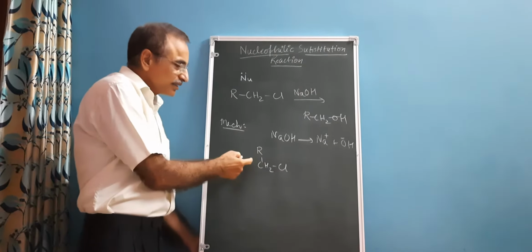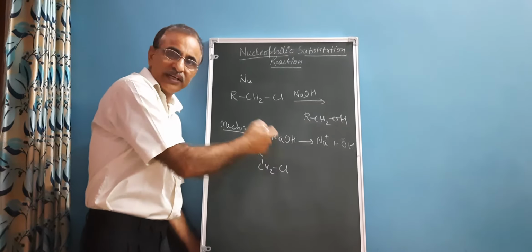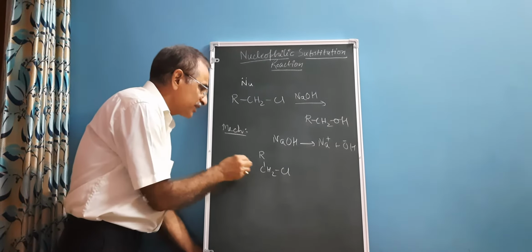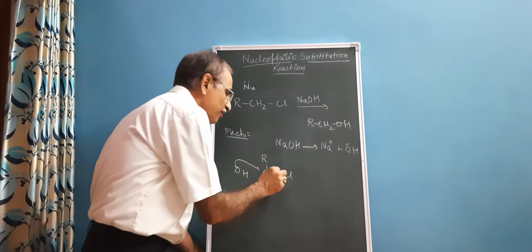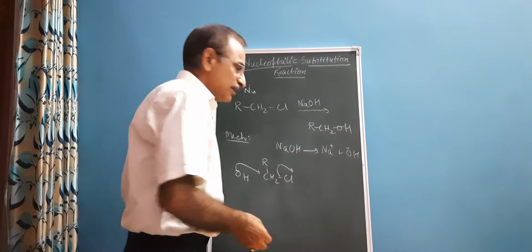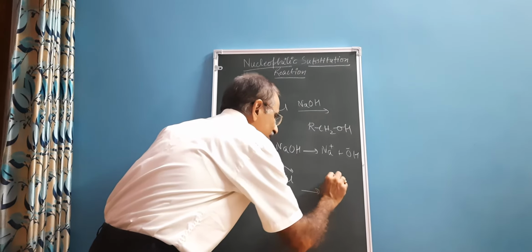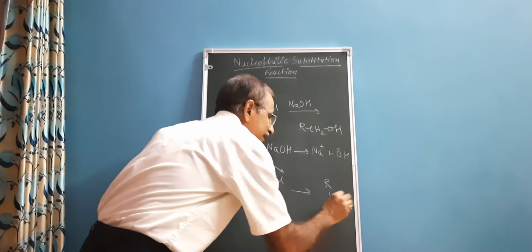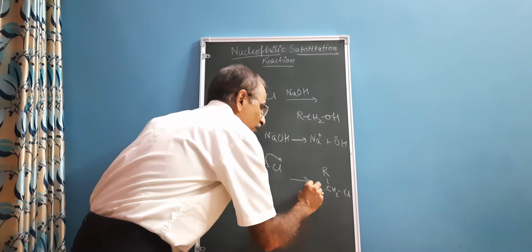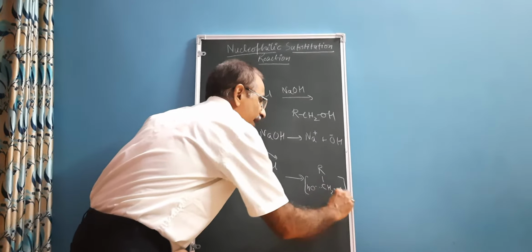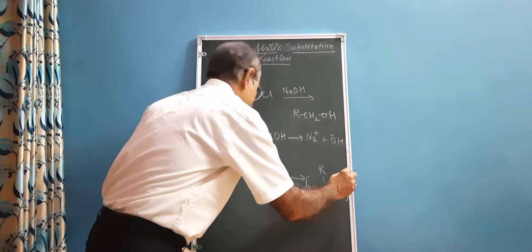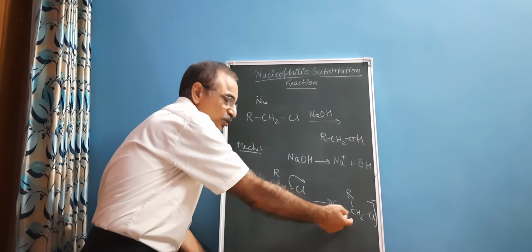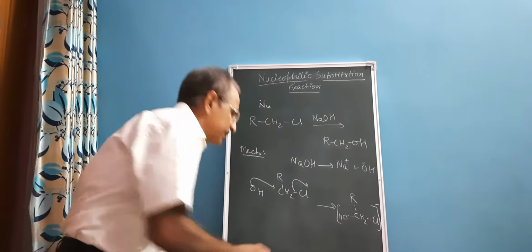Since here the inductive effect is not so prominent, therefore as OH approaches from the back of the leaving group, this chlorine starts leaving, and there is formation of an intermediate, where formation of a new bond and removal of the old bond take place.